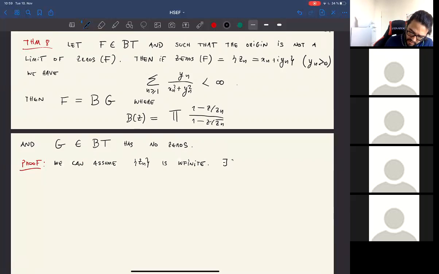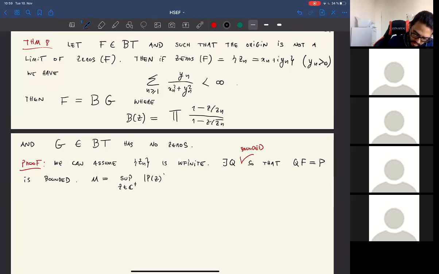So we know that there is some function Q, which is analytic in the upper half plane, so that's the definition of bounded type. Q times f, P, is bounded. Oh, we should say here as well, Q bounded, because f is of bounded type. So let me define M equals to sup of |P(z)|. We know that's a finite number.